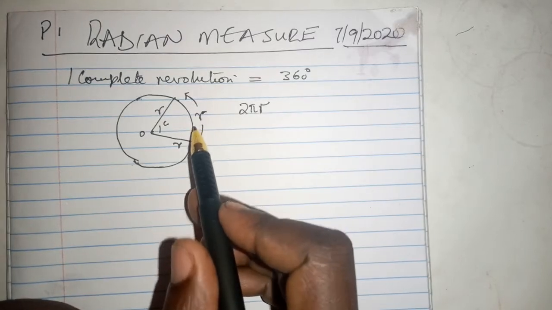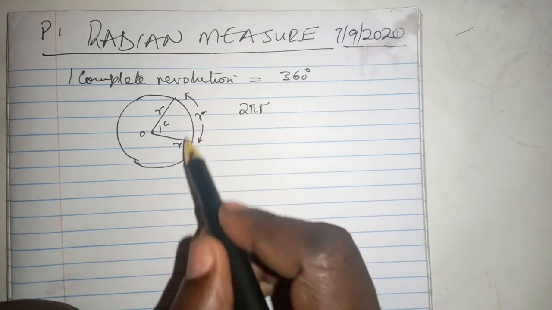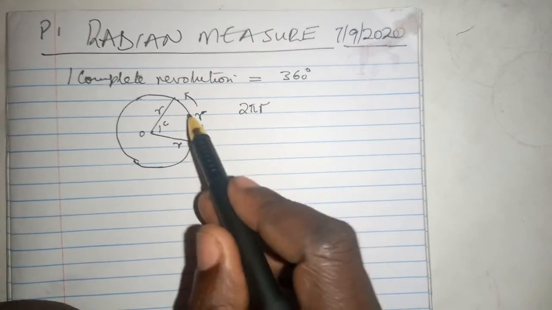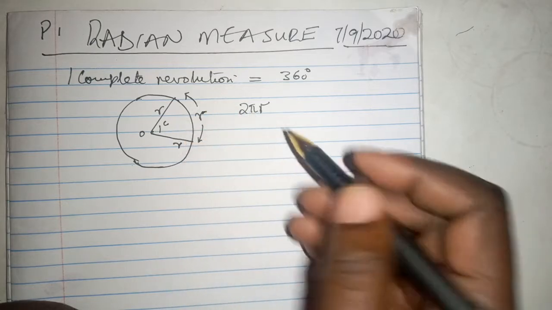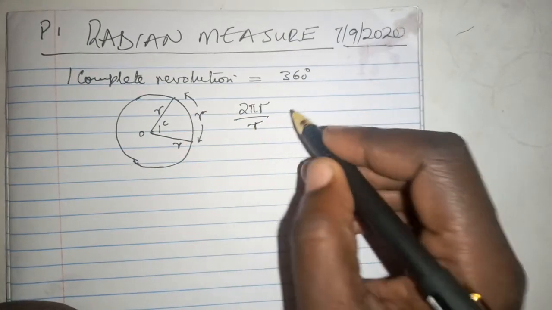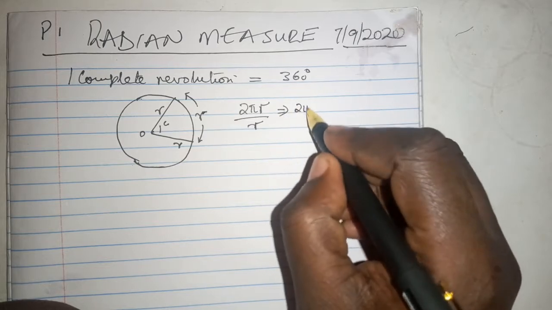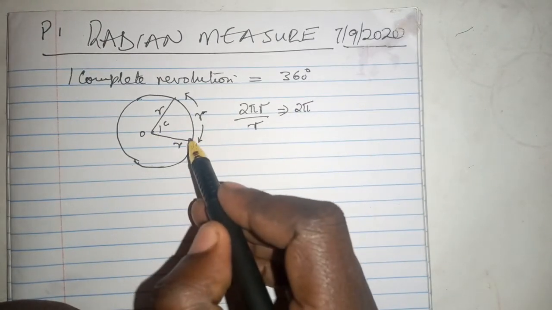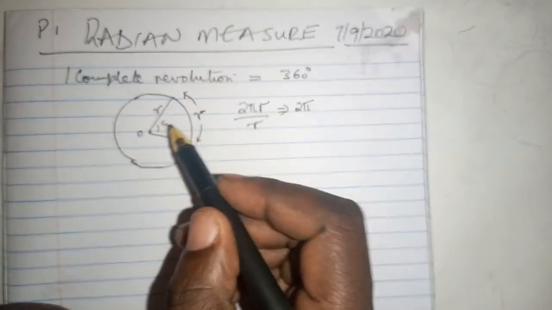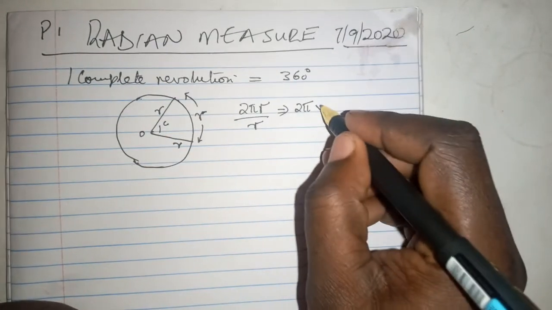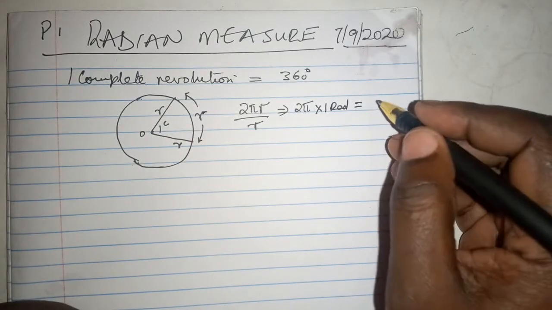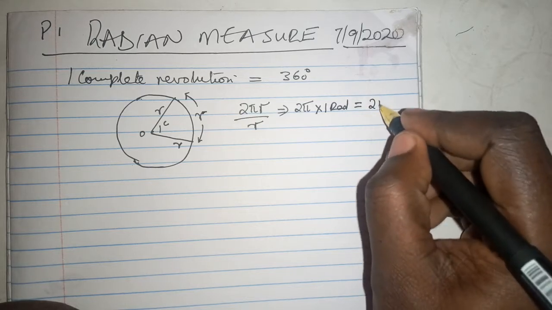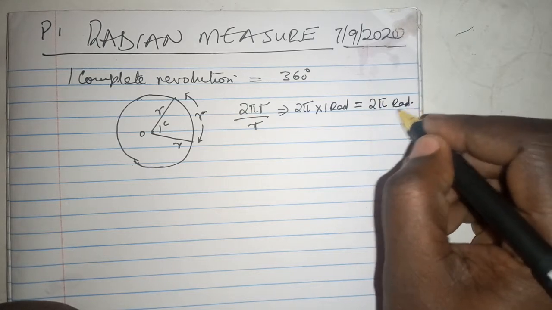If you divide the circumference into portions of length r, you will get 2 pi portions, 2 pi of these, each one of them measuring 1 radian. So at the center of the circle we have 2 pi radians.